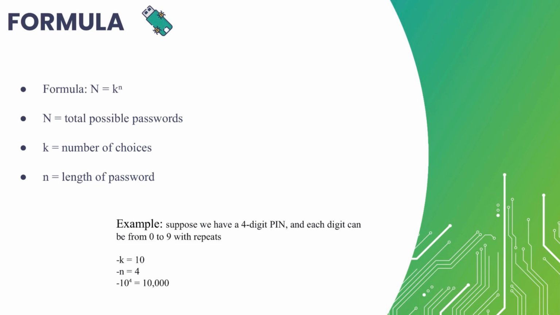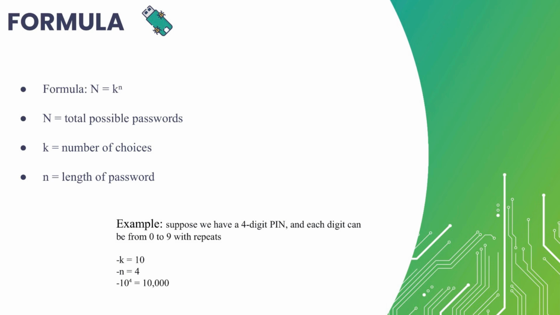In this case, k would equal 10 and n would equal 4. So we would get 10 to the 4th power, which gives us 10,000 possible combinations. This basically means that attackers would need to try up to 10,000 combinations to crack your password.